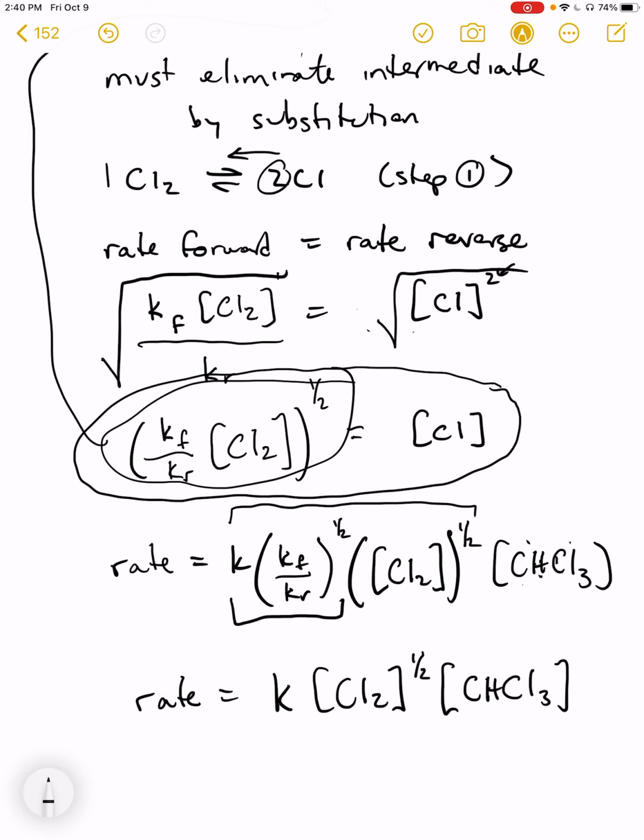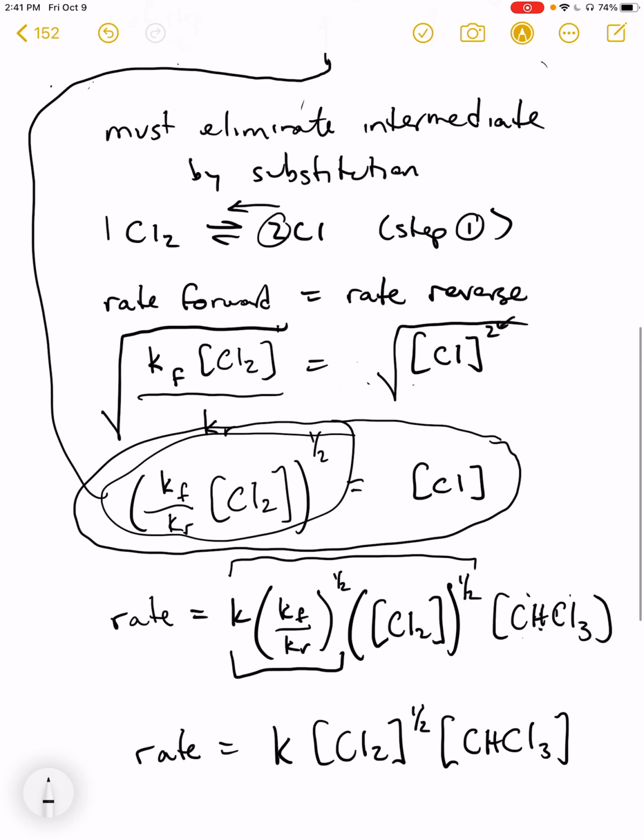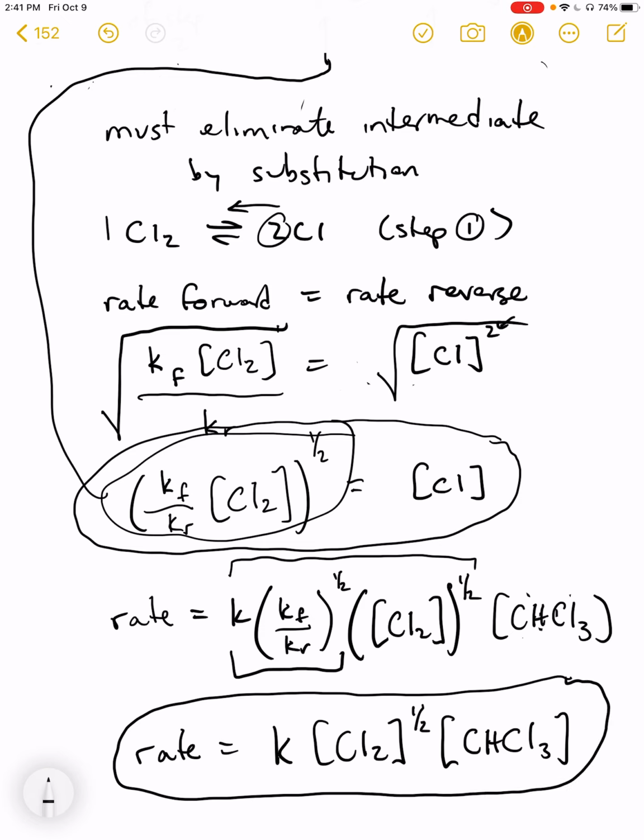If we notice, these are both reactants in my overall reaction. My species in my overall reaction is diatomic chlorine and the CHCl3. That's what I have down here. My intermediate has been eliminated, so this is my overall predicted rate law.